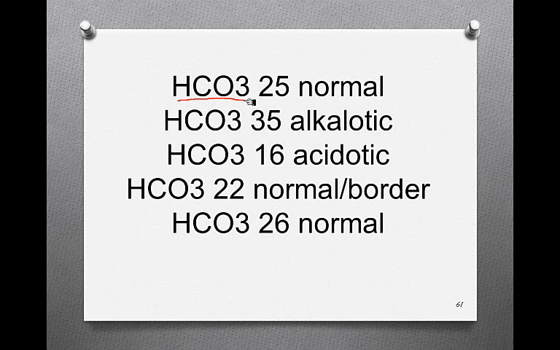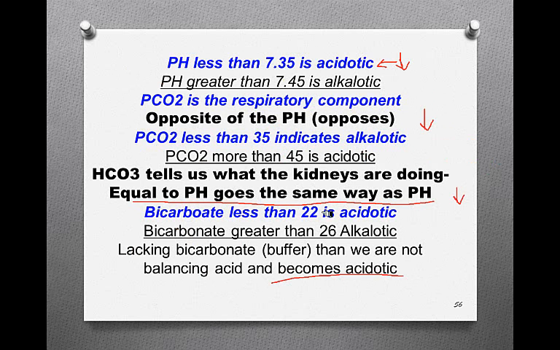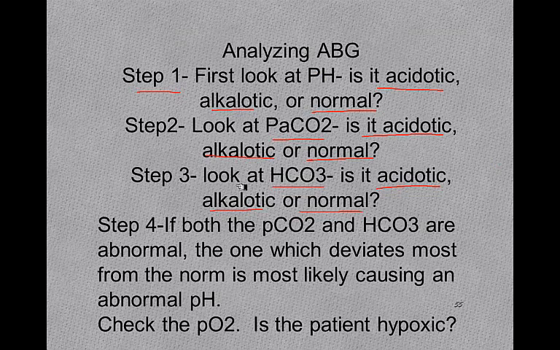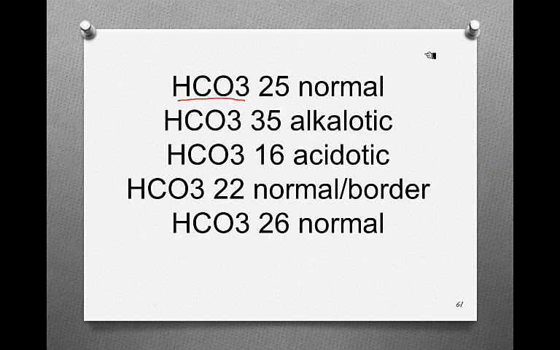Bicarbonate, you have HCO3. Let's back up here. We want it between 22 and 26, and remember, bicarb follows pH. If it's low, it's acidotic. 22 to 26 is a very narrow range. 25 is normal.